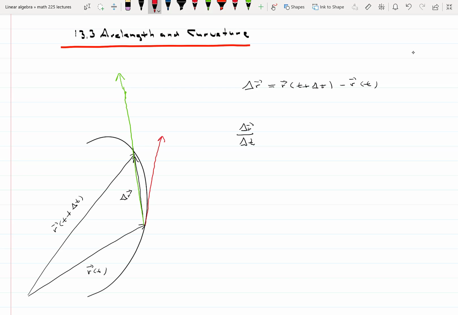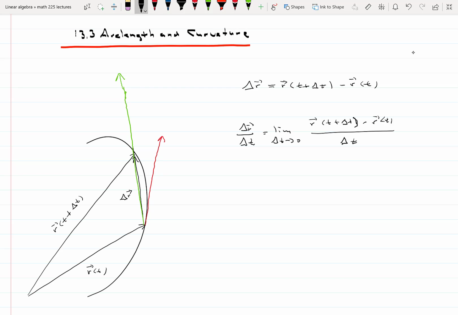So that red vector is the result of taking the limit as delta t, h in the previous section, approaches 0 of this difference quotient, r of t plus delta t minus r of t over delta t.